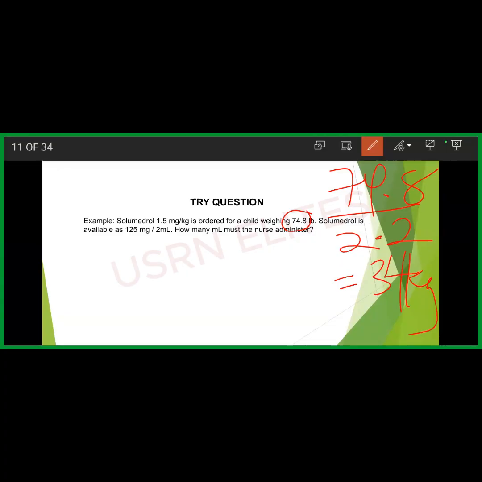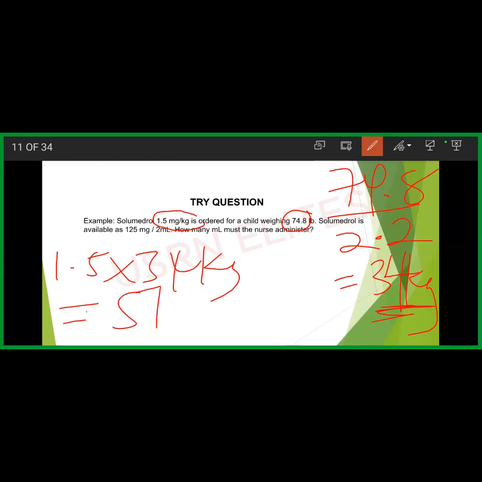Then we have a prescription, which is 1.5 per kg, and we now know the kg, which is 34 kg. So what will be the answer for the dosage? You will get 51 milligrams. So it means that's what we have to give.